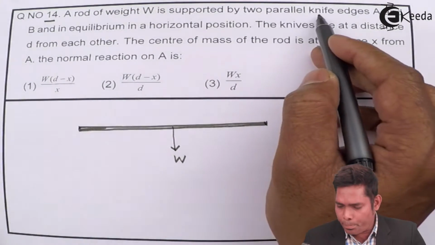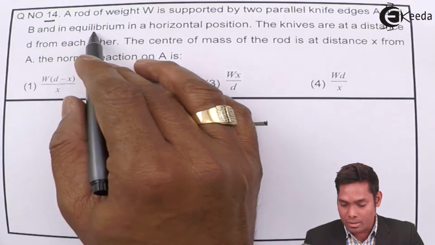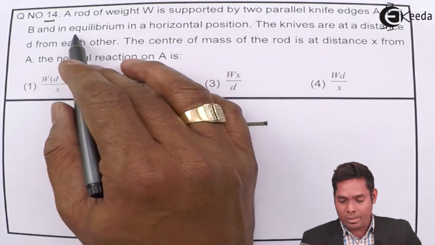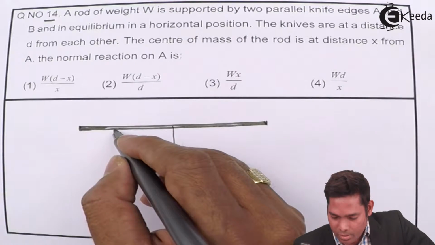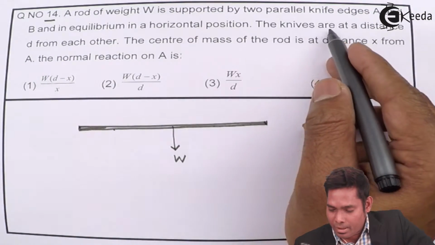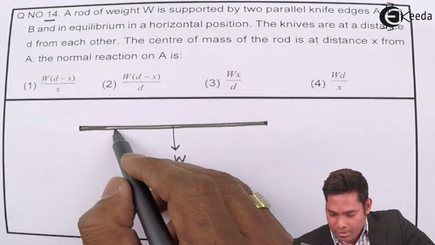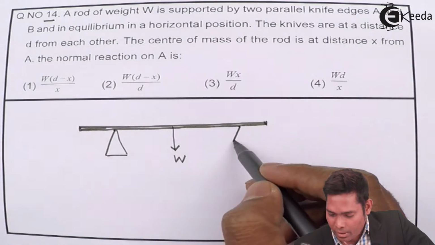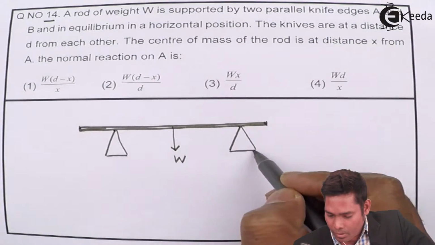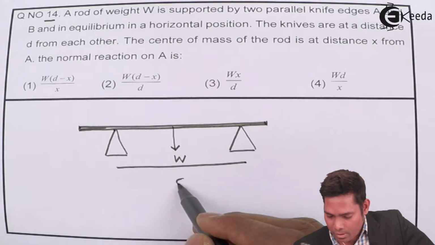It is supported by two parallel knife edges A and B, and is in equilibrium in a horizontal position. The knife edges are at a distance D from each other. Where these knife edges are placed is not given, so I will put one knife edge over here and another over here, and the distance between the two knife edges is D.